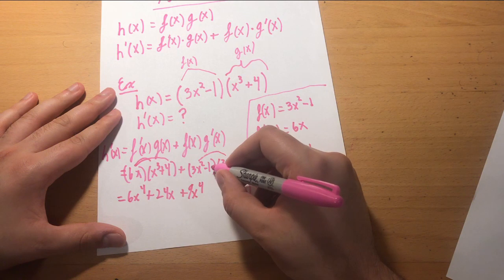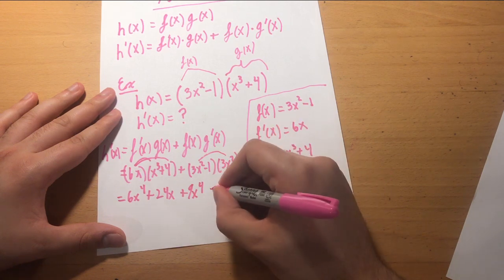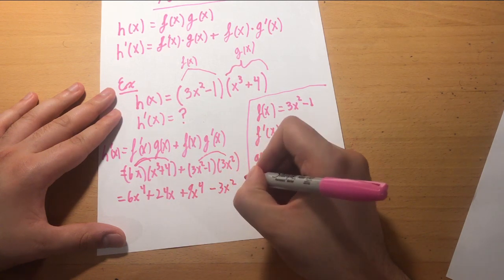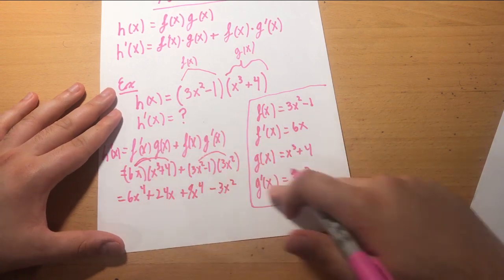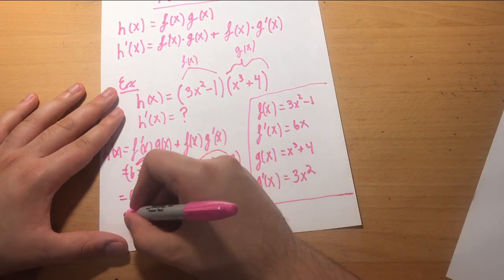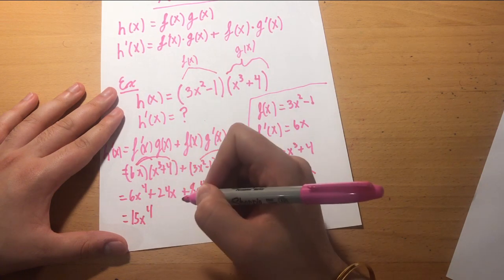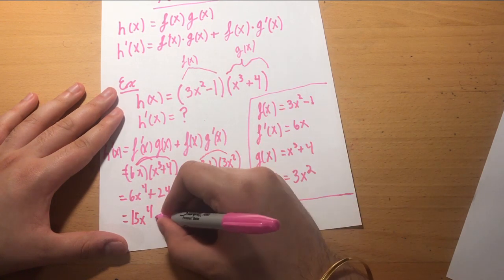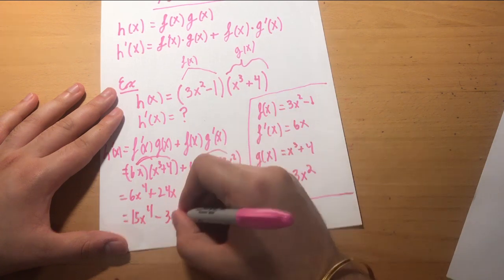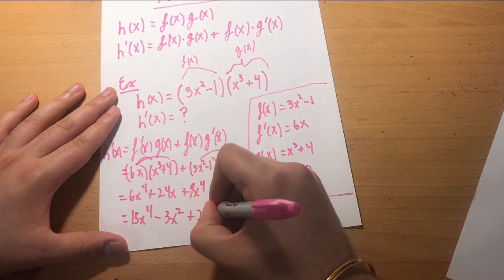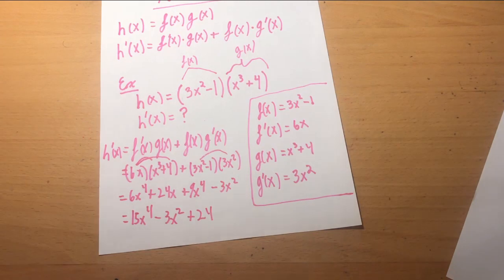And then 3x squared times -1 is minus 3x squared. And then this can be further simplified, and that gets us 15x to the fourth minus 3x squared plus 24. And now we have our final answer, our derivative.